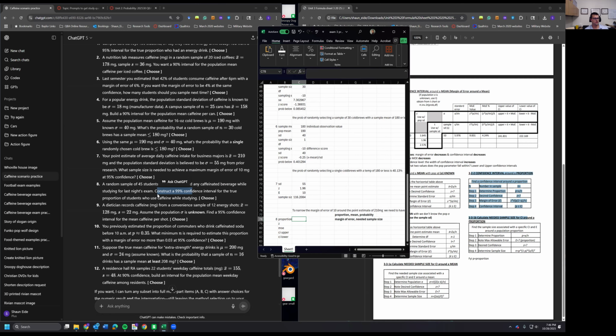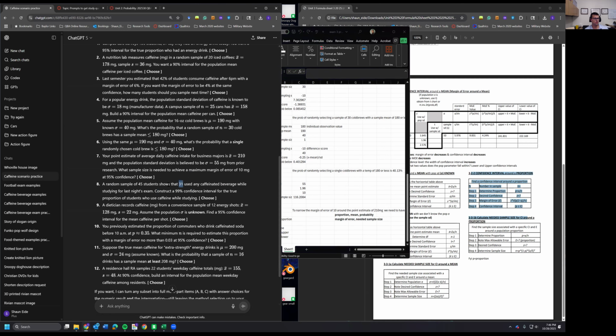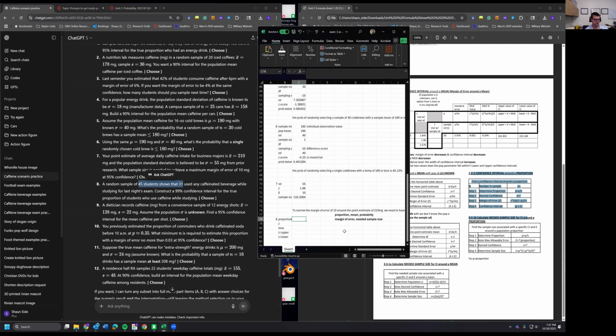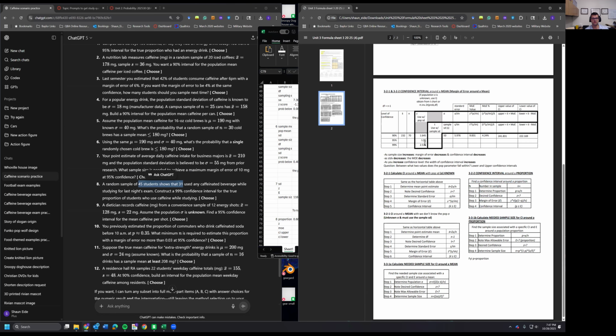So what is the proportion? The proportion is 31 out of 45. So it equals 31 divided by 45. And then Z, so 99% confident. The Z score for 99% is right here, 2.576.